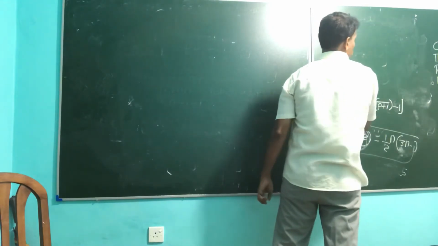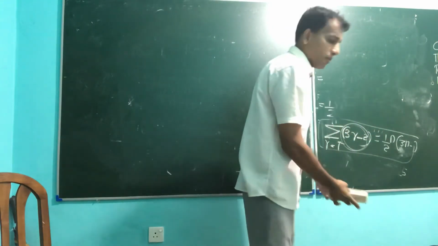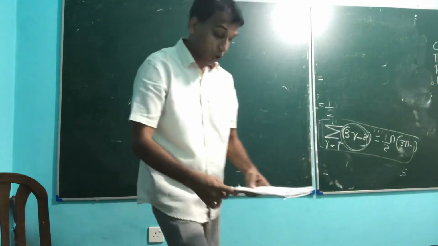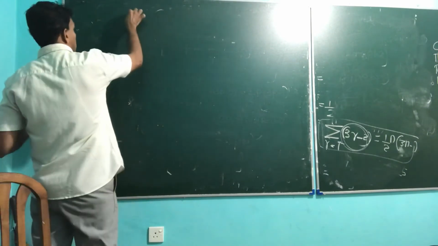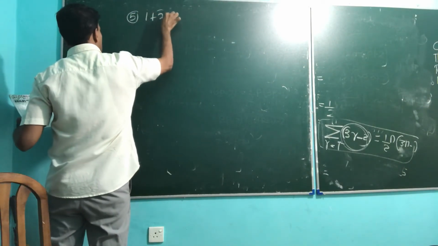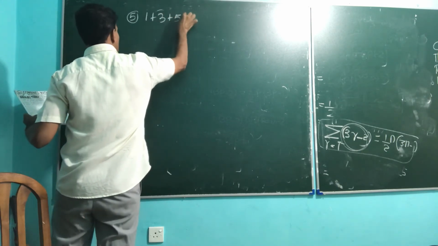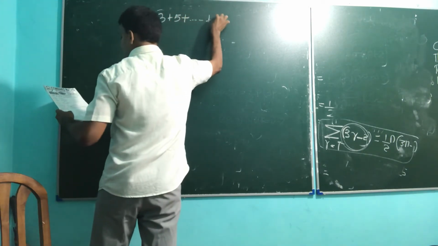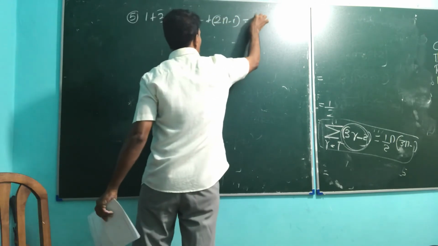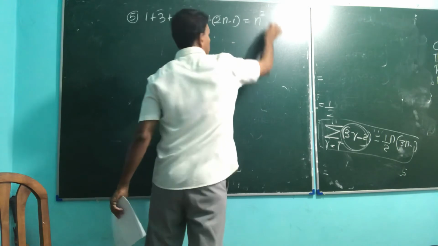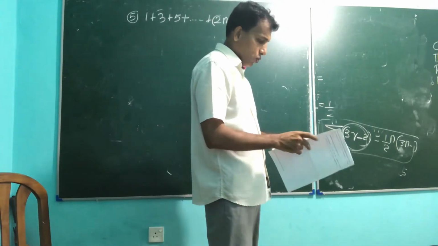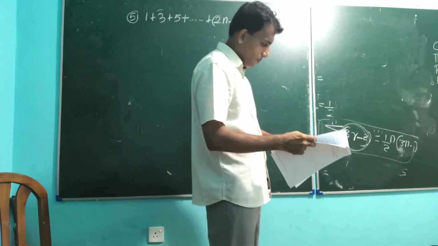There is also a problem like a theoretical part, something like a square question. What is question number 5? 1 plus 3 plus 5 and up to 2n minus 1. Show that the answer is equal to n square.